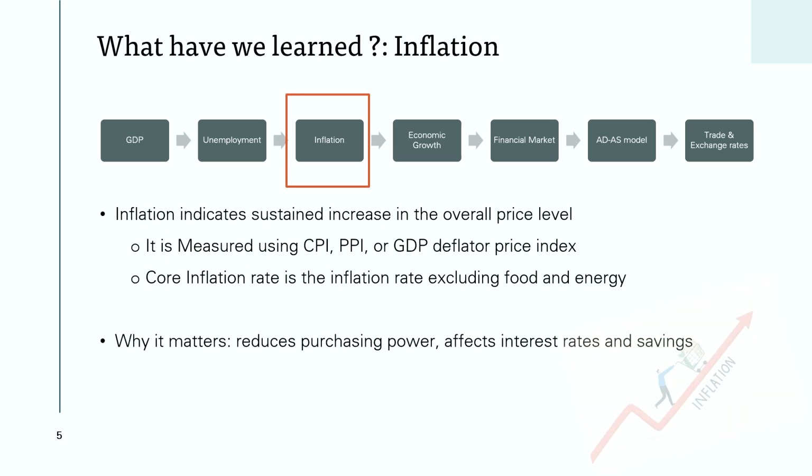Then we learned about inflation, which is the sustained increase in the overall price level. Economists measure inflation using indexes such as CPI, PPI, and GDP deflator. You learned about core inflation, which removes volatile categories like food and energy to give a clearer picture of the long-term trends.